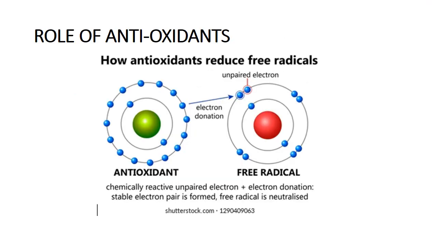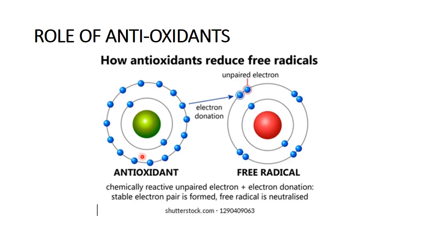What is the role of antioxidants in neutralizing free radicals? Antioxidants are the species which neutralize free radicals and decrease their damaging effects. As we have seen, free radicals have an unpaired electron in their outer orbit and hence they are unstable.